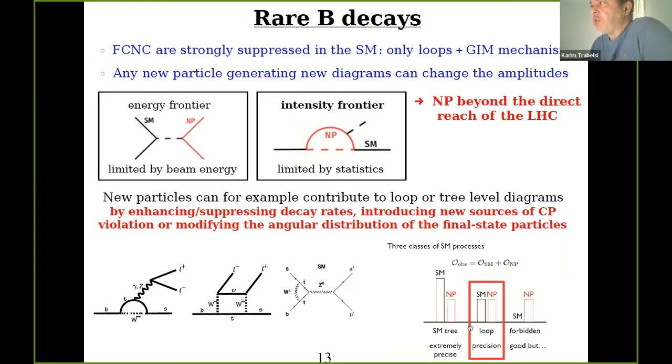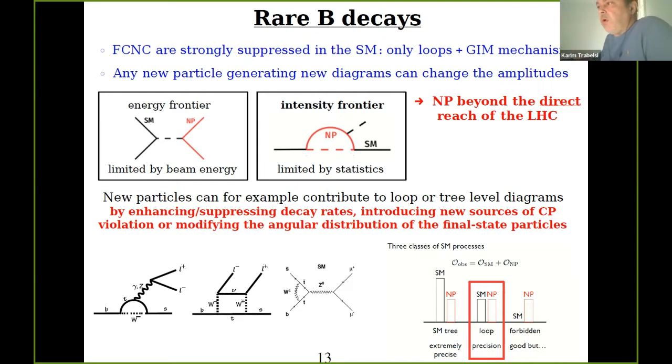Here I mentioned the parameters, the branching ratio of course, to see if this decay rate is enhanced or suppressed, or again introducing those new sources of CP violation. And here we are talking about, for example, charge asymmetry, and I will show a few examples of this.